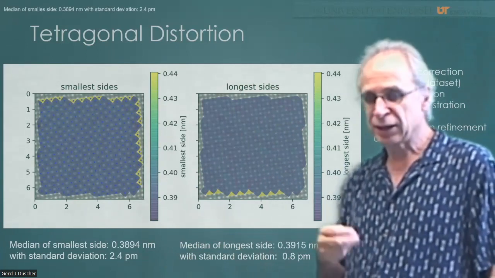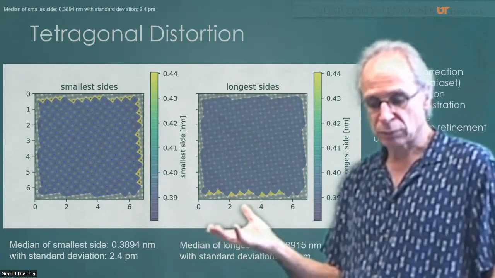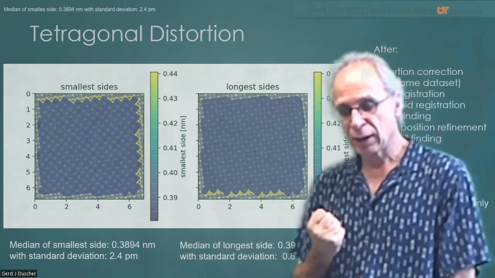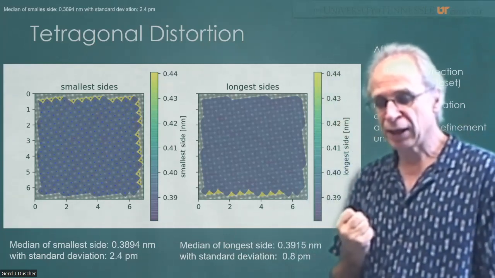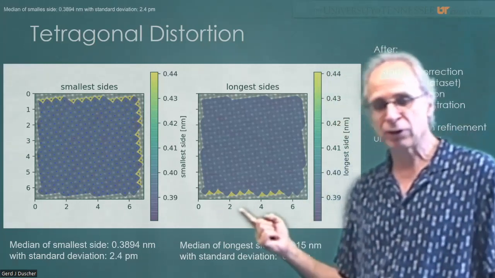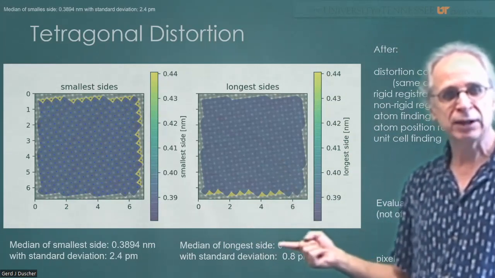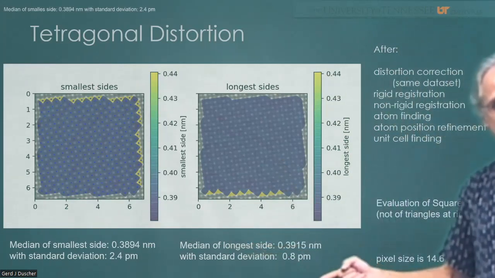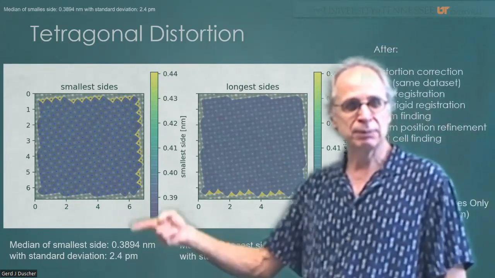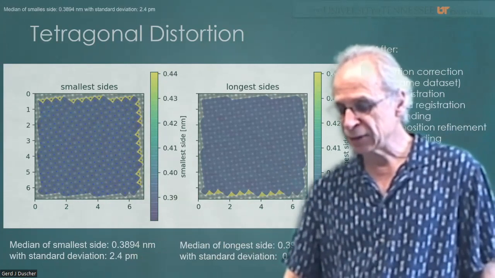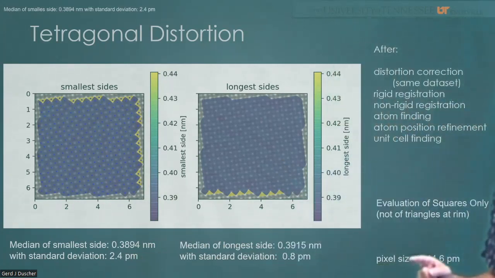After the analysis, we can see actually what distortions we had before, right? So we had a standard deviation of 0.8 picometer between the smallest and longest side. The pixel size in this is 14.6 picometer.